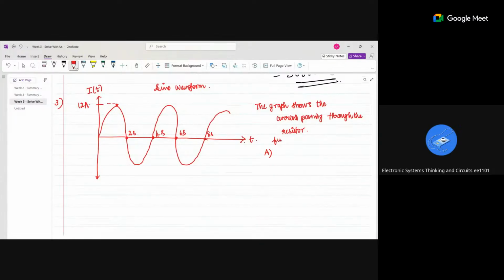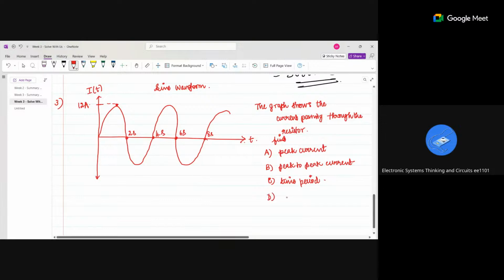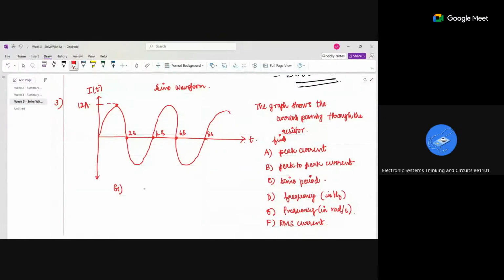So you have to find peak current, peak to peak current, time period, frequency in hertz, frequency in radian per second, RMS current, then find the current equation.